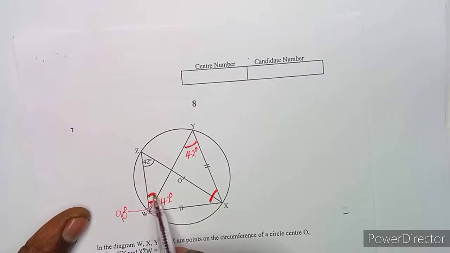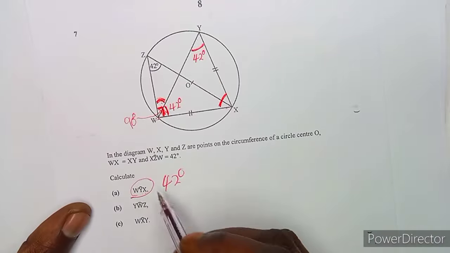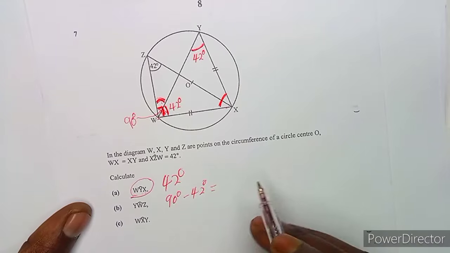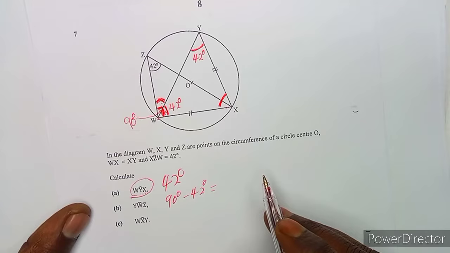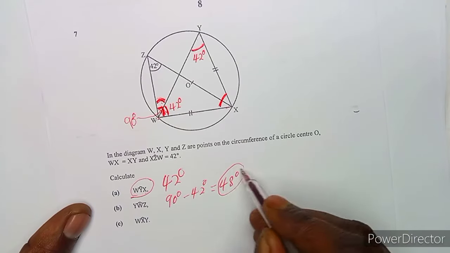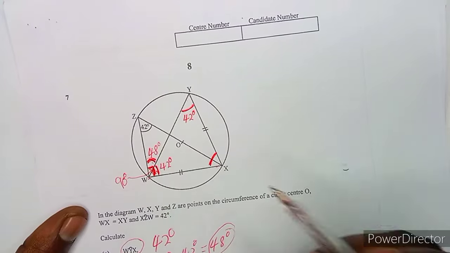Remember, we said this angle is 90 degrees. So to find this one, you just need to subtract it from 90. So it's simply 90 degrees minus 42 degrees. And this is going to give us 48, if I'm not mistaken. All right, so this is 48 degrees.